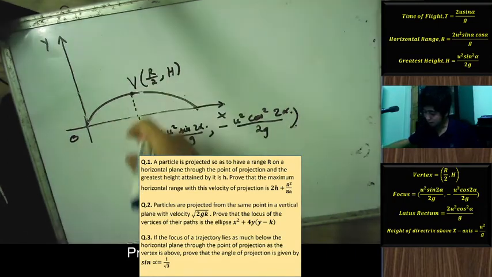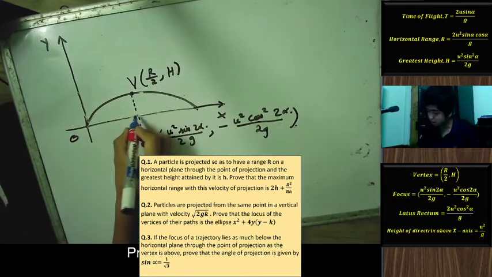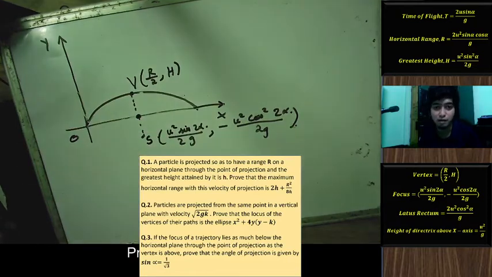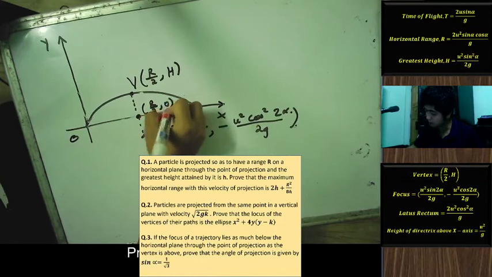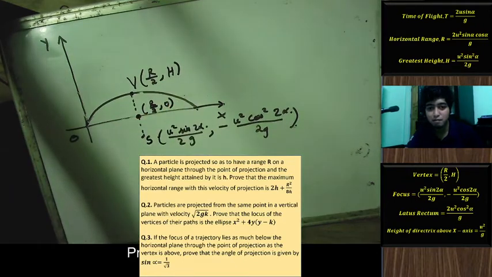And also because we are measuring the distance from the horizontal, we will need this point, which is R by 2, 0. Maybe we will need it, maybe we won't.